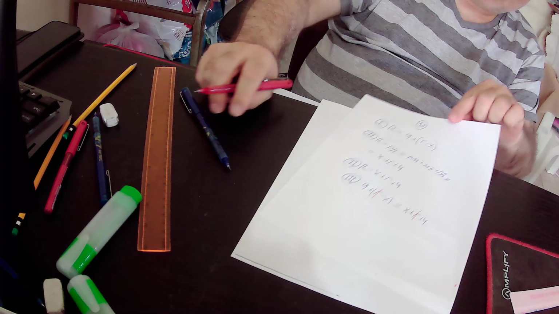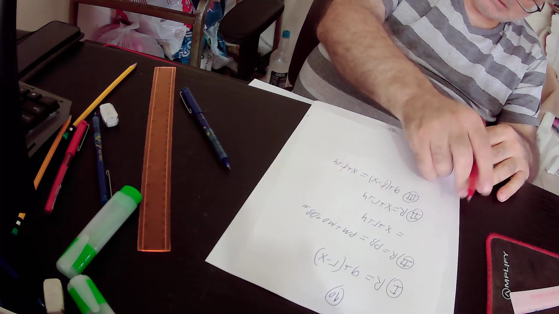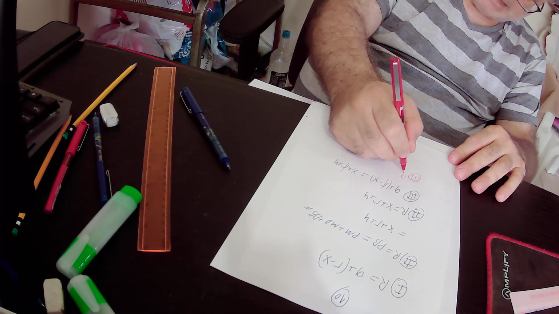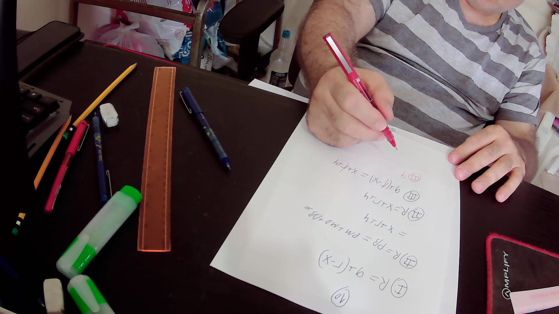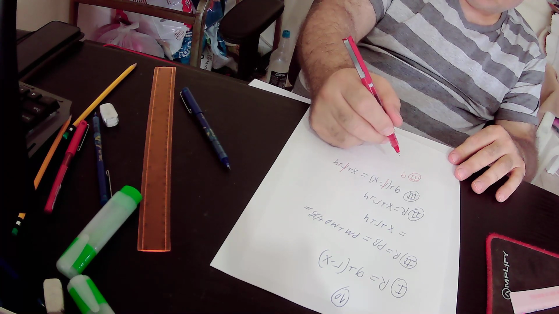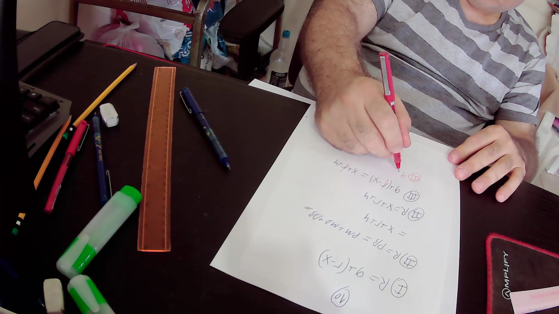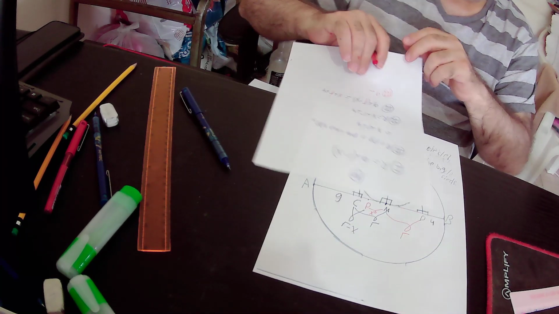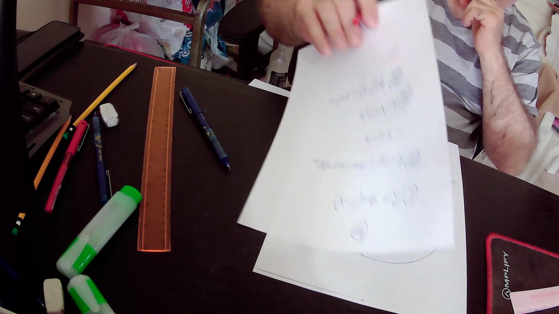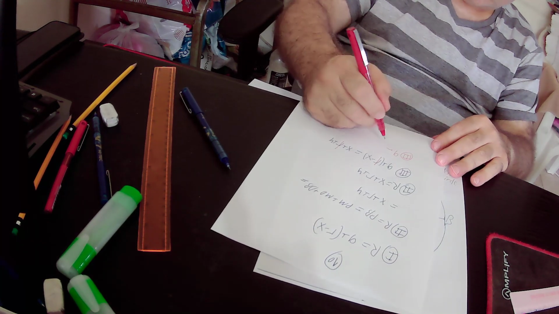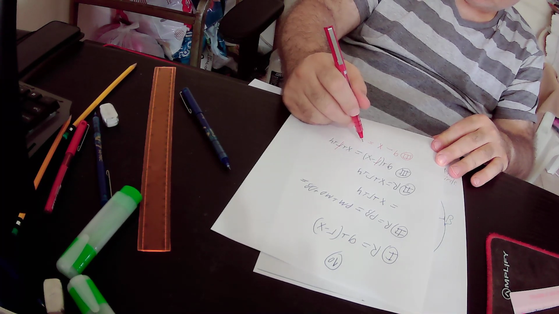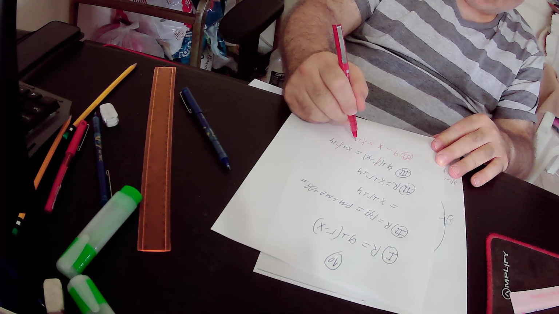So what is left after we cancelled r is 9 minus x equals x plus 4.